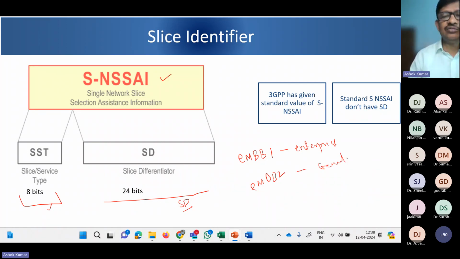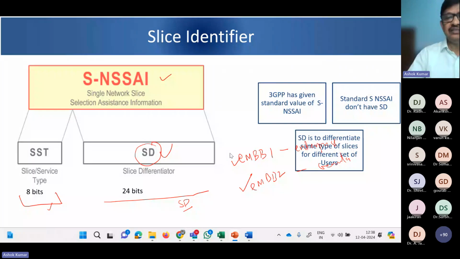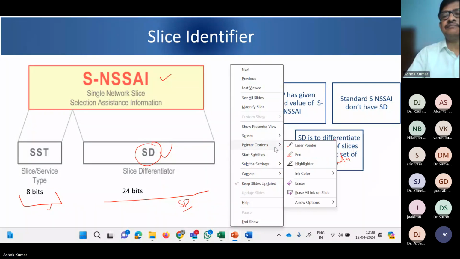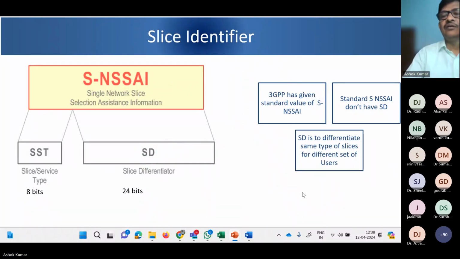So in that case, I need to differentiate these two slices. Then I'll have 24 bits added to this so that I'm able to differentiate two similar slices. So SD is to differentiate the same type of slices for different sets of users, as I explained.